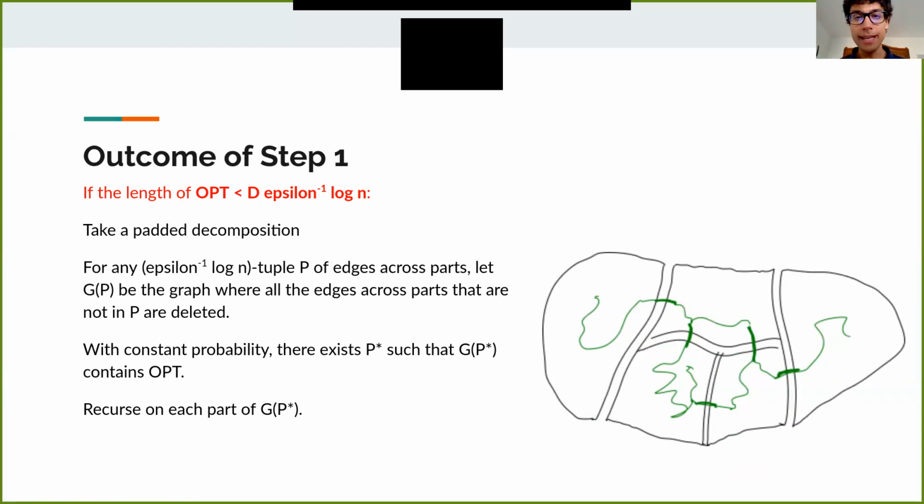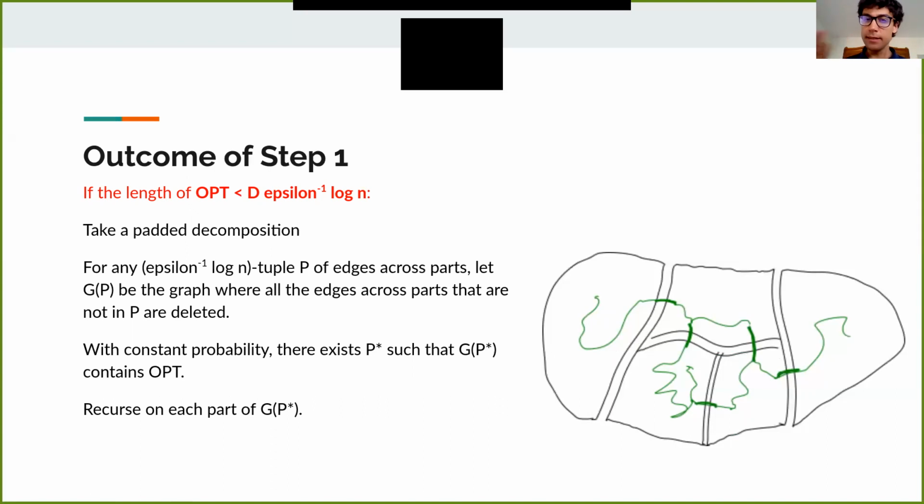I don't know opt in reality. So from an algorithmic point of view, that's what I'm going to do. I'm going to take a padded decomposition and I'm going to look at all the possible sets of log n over epsilon edges that are across the parts of my partition. For one of them, I know that it contains all the edges of opt crossing the partition with good probability.